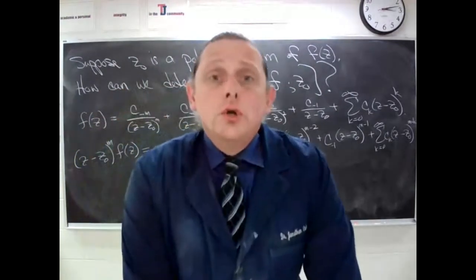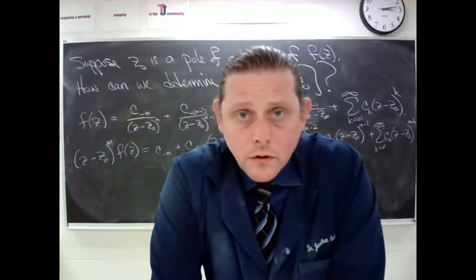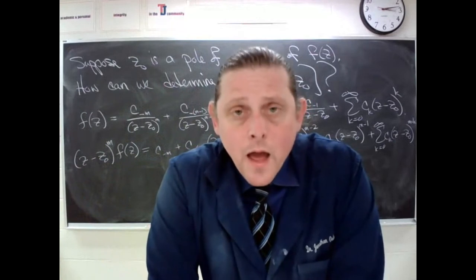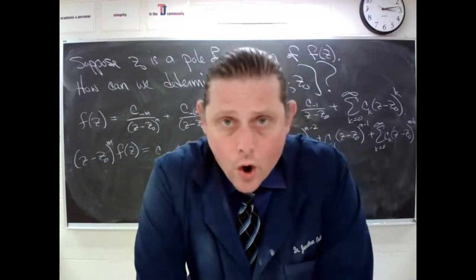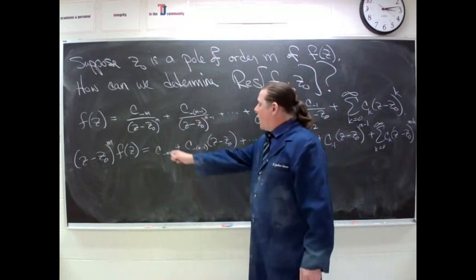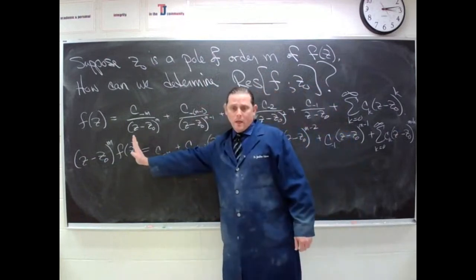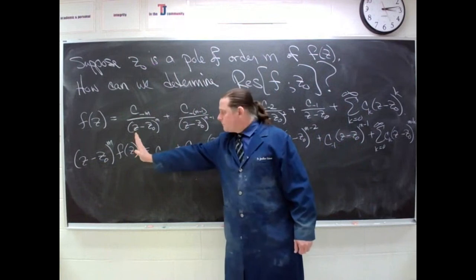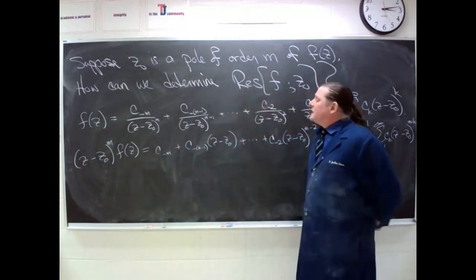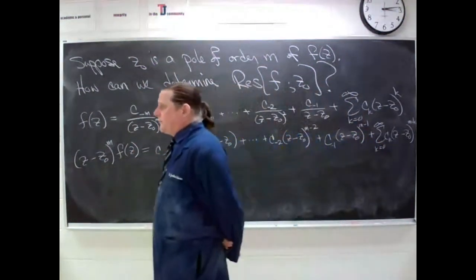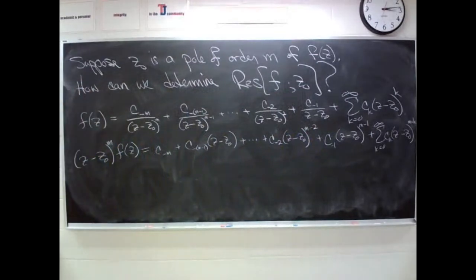If I were to take two derivatives and then take the limit as z approached z naught, the two derivatives would cause this and that to vacate the premises. And so I would have c sub negative m minus 2 times a constant.